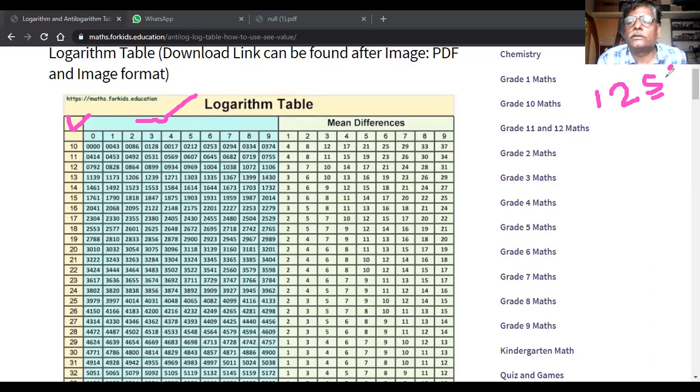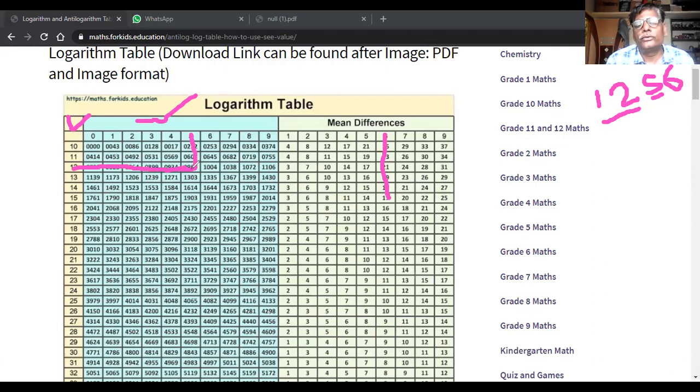If the number is 1256, 4 numbers are there. You see 12 in the first column, natural number, and 5 in the 5 column, and 6 in the mean difference column. You see 12 in the 12 line, 5 column, and come to 5 here.